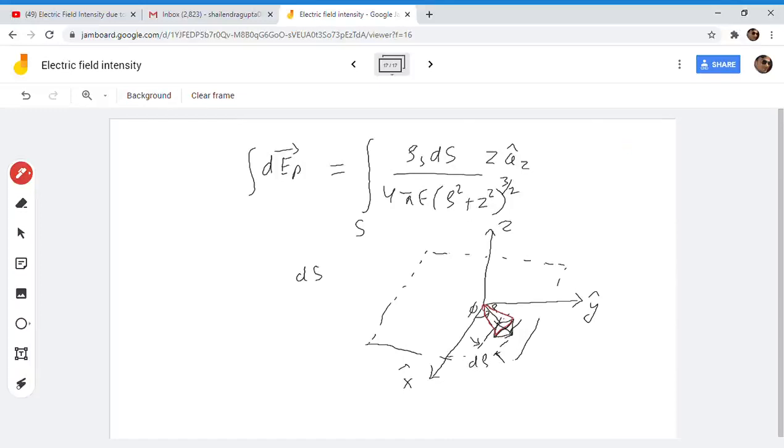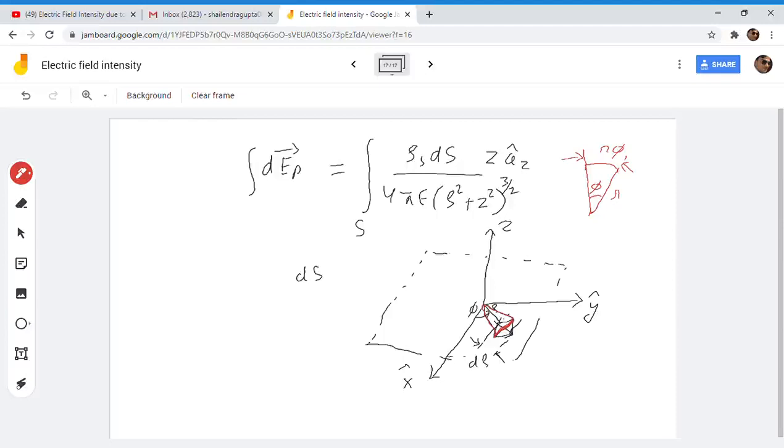We know that the arc length, if this is r and this is phi, will be r times phi.